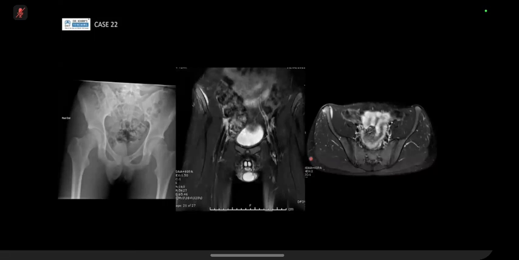So I think findings are suggestive of avulsion fracture of the right anterior superior iliac spine, where it's the insertion of the sartorius, I think. Yes, muscle. Yeah. So it's an avulsion fracture. Yeah, that's right. That's right.